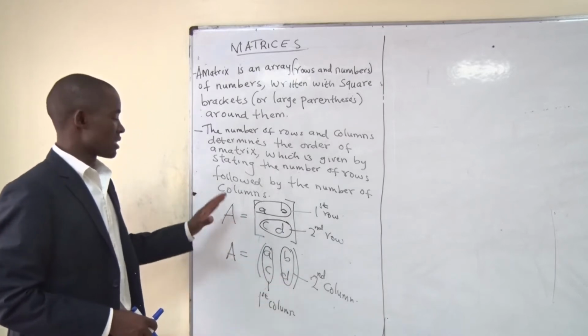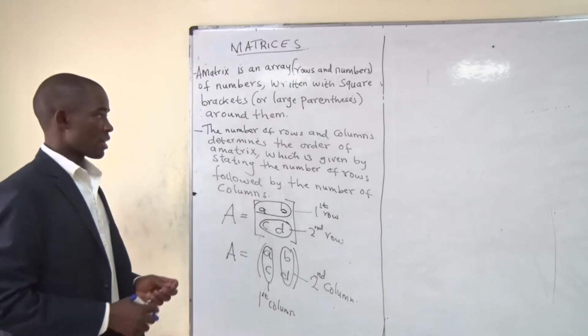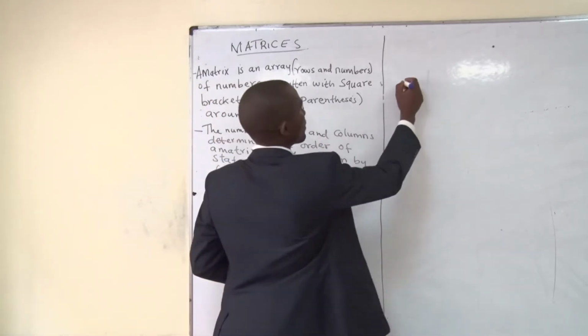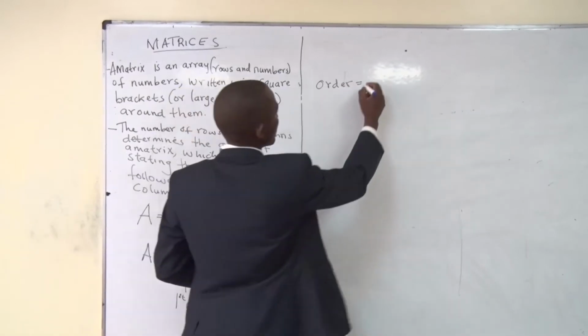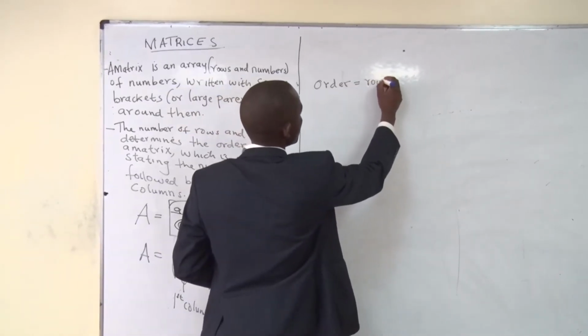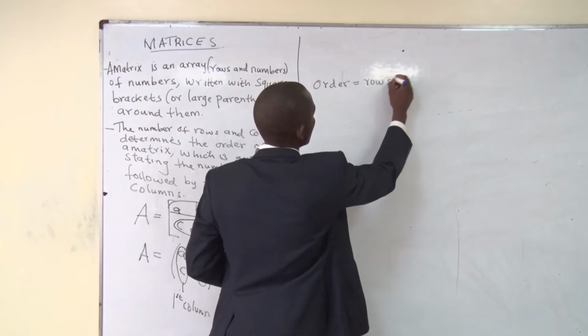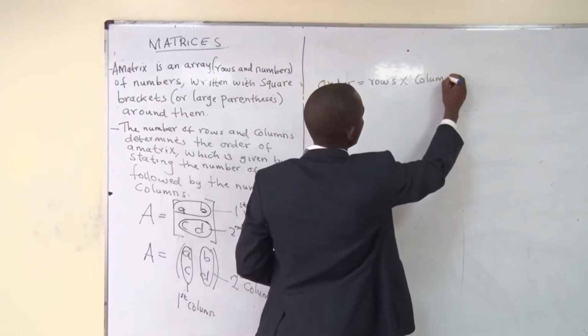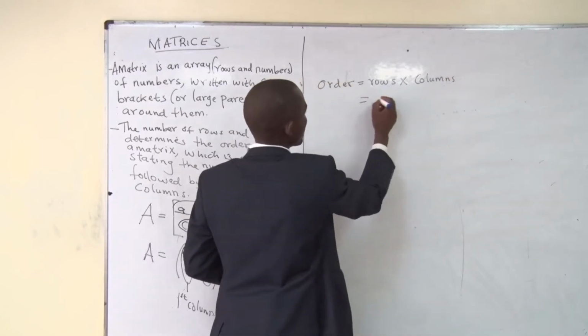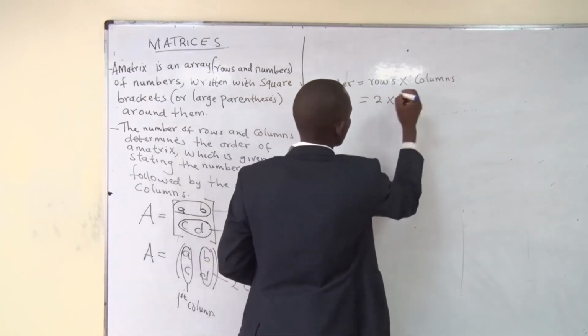If we need to write the order of this matrix, we have said the order is given by rows by columns. So it is 2 by 2.